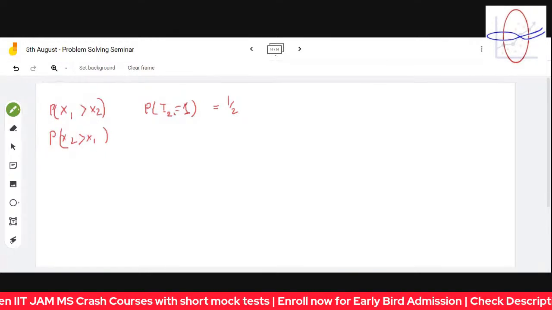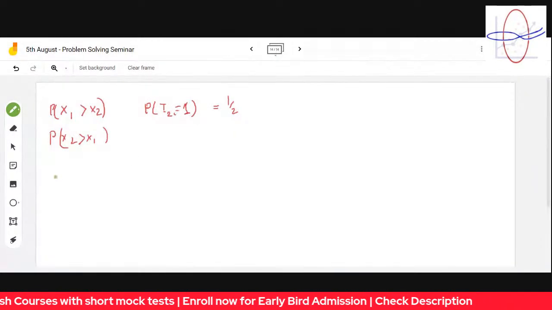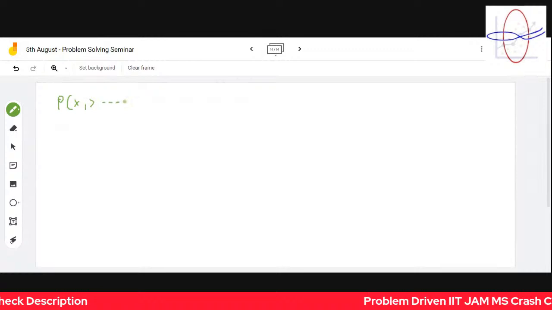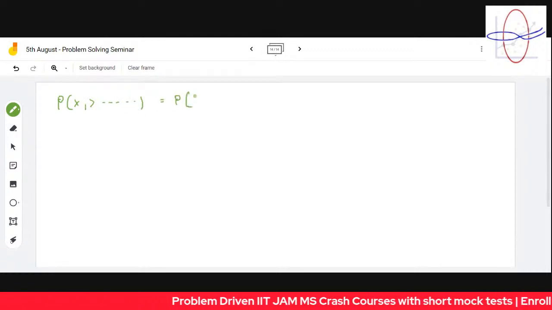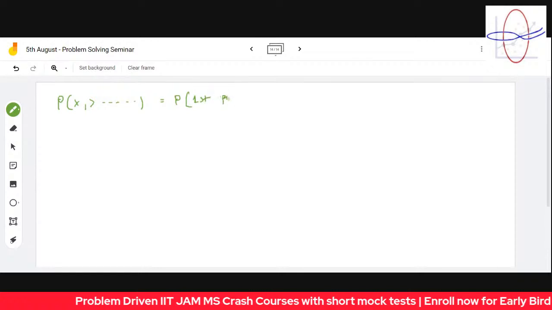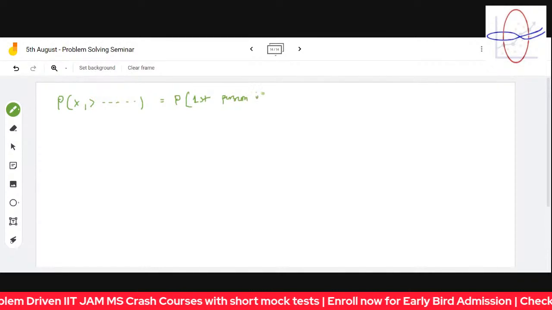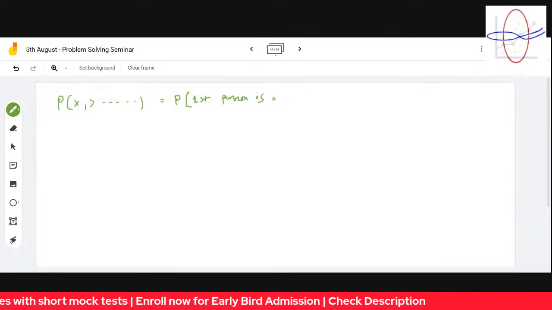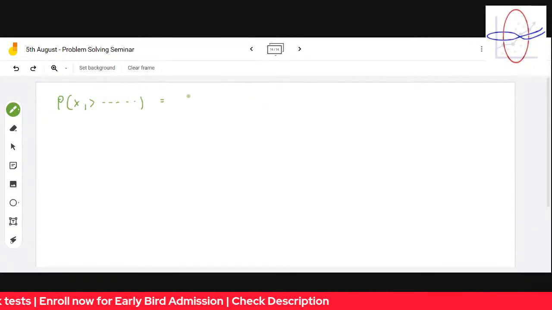Now we will understand this very carefully. The probability that x1 is greater than all the other cases, this is alpha.